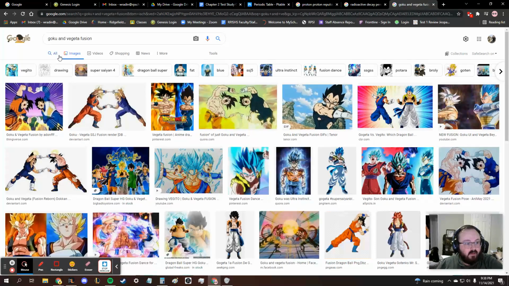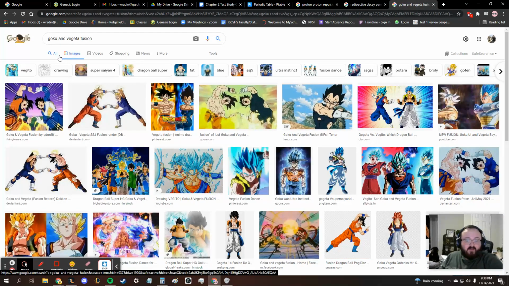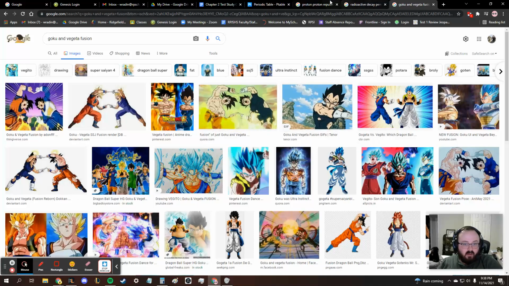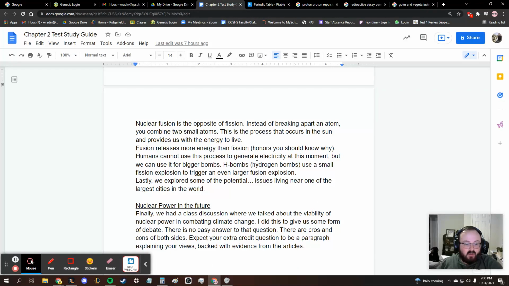Literally, this is fusion. Goku and Vegeta fuse together, and they create something even more powerful. That is them releasing energy. I'm bringing it with the Dragon Ball references this chapter. That's what fusion is. This releases more energy than fission, and for honors class, you should know why.